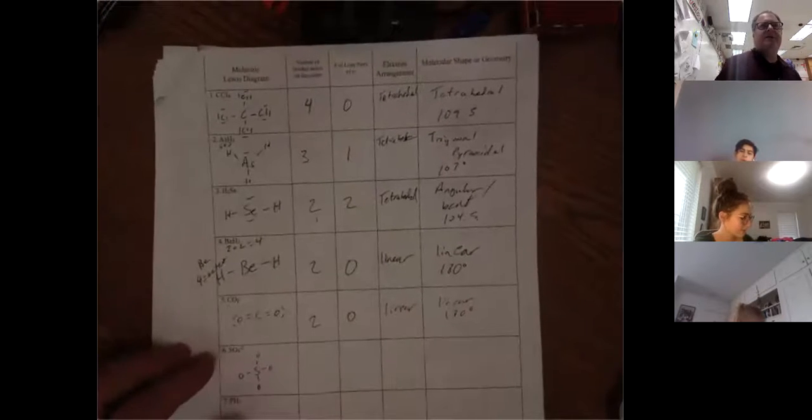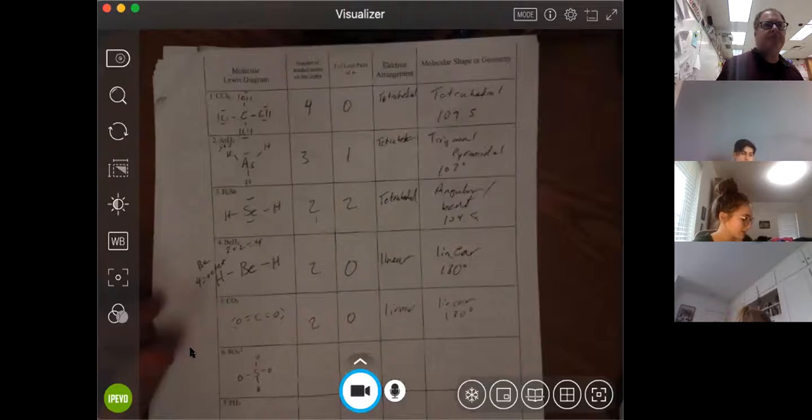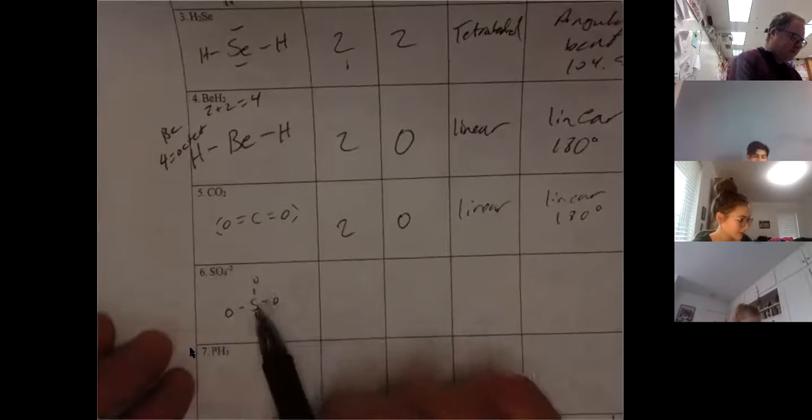Without further ado, let's check our answers on here. We have SO4. According to our rules currently, we know that S goes in the middle. 2, 4, 6, 8, 10, 12, 14, 16, 18, 20, 22, 24, 26, 28, 30, 32. 6 plus 24 is 30, plus 2 is 32.